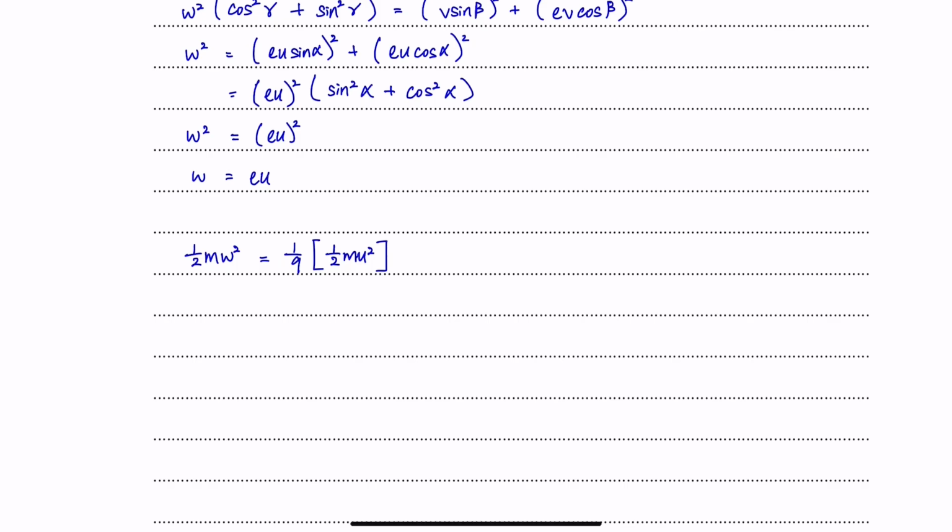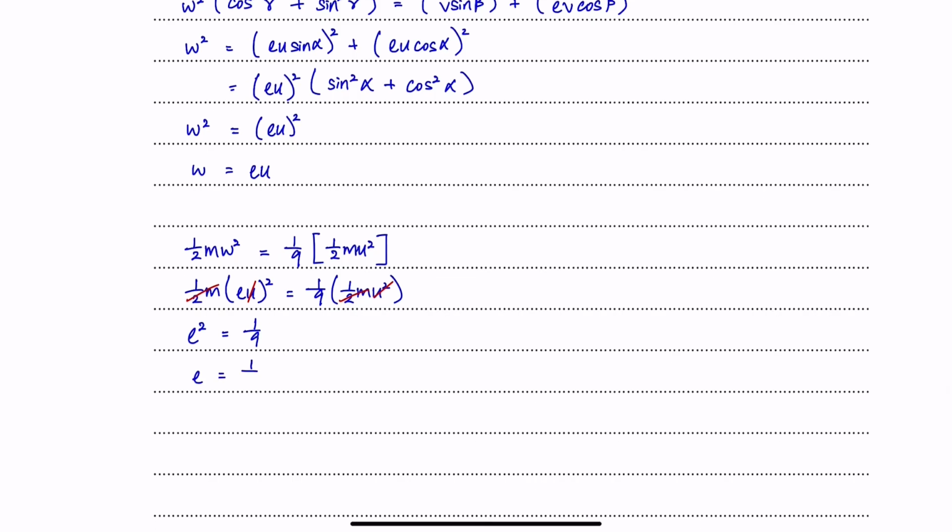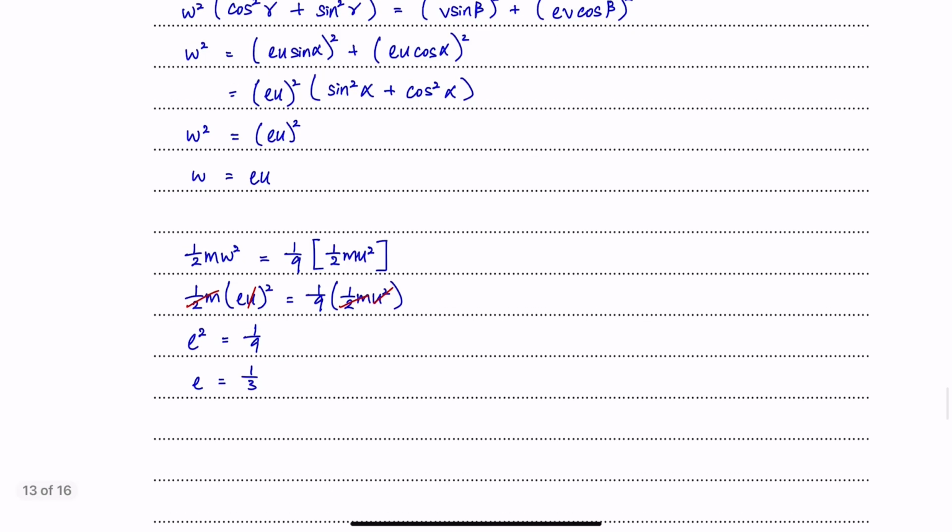So we have half m times EU squared equals 1/9 times half m U squared. So we can cancel half m out and U squared as well. So we have E squared equals 1/9. So E is 1/3. So we have found the value of E.